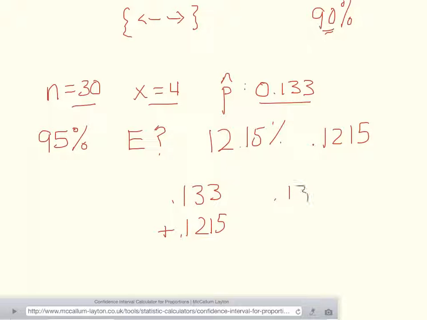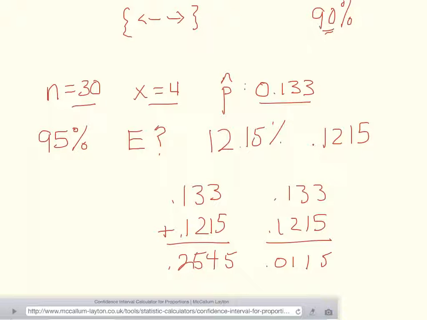I'm going to subtract 0.1215 to get the bottom of my interval. And that's where we get the numbers given to us in the calculator: 0.2545 is the top of our interval, and 0.0115 is the bottom.